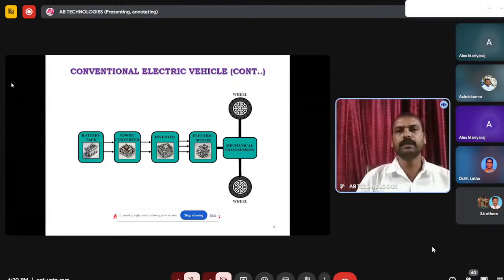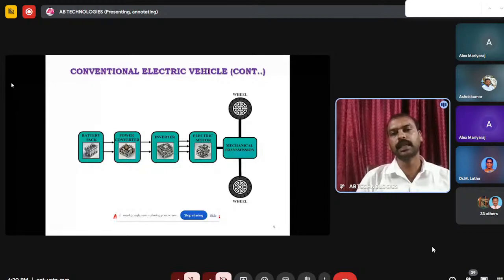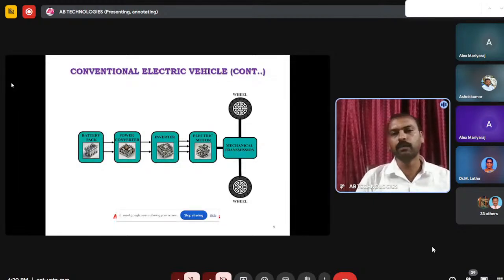Suppose your input is 50 Hz and the output of the diode bridge rectifier is like a full wave rectifier output. That means it has only the positive cycle, so the time is 10 milliseconds only. If the input is AC, it has both the positive cycle and the negative cycle, so 20 milliseconds. If you see the output of the diode bridge rectifier, it is only the positive cycle, so the total time is 10 milliseconds.